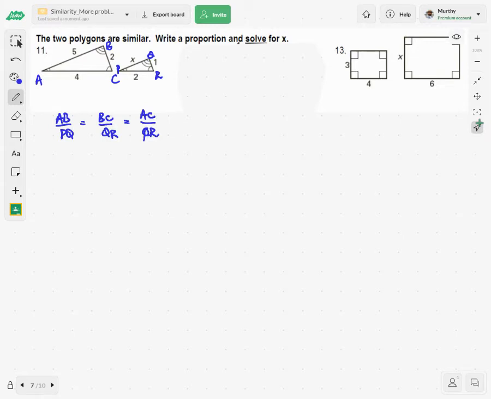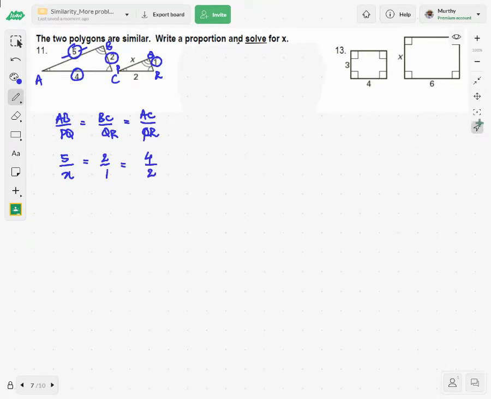You can see from the figure that it is 5 units over PQ, that is x, and BC is 2 units here, and the corresponding value is 1. And AC is 4 units, and PR is 2 units.